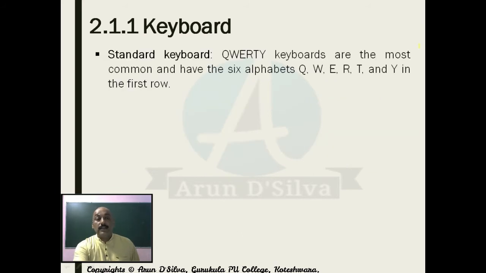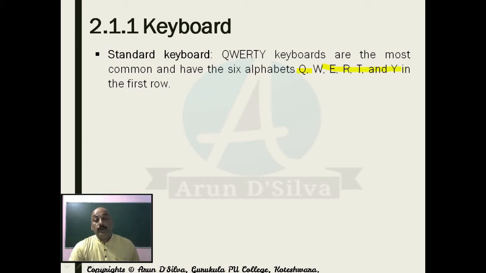The first one is the standard keyboard. Standard keyboards are mostly in the QWERTY format. That means in the topmost line of the keyboard, the first key is Q and then W, E, R, T, Y, and this is the way it goes.